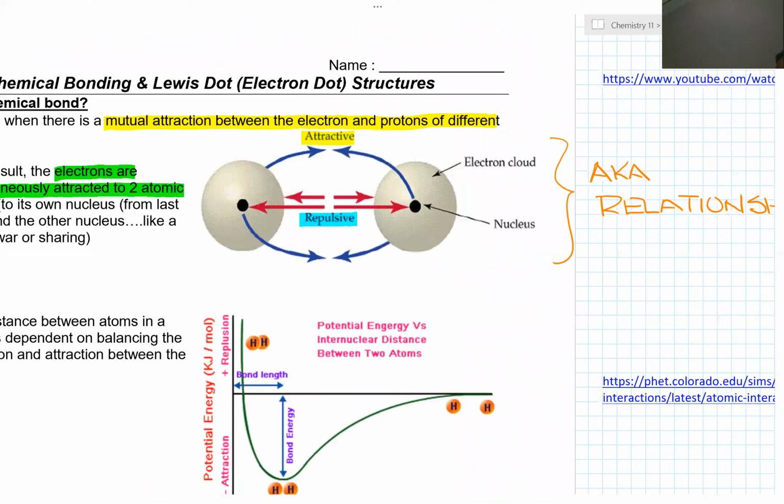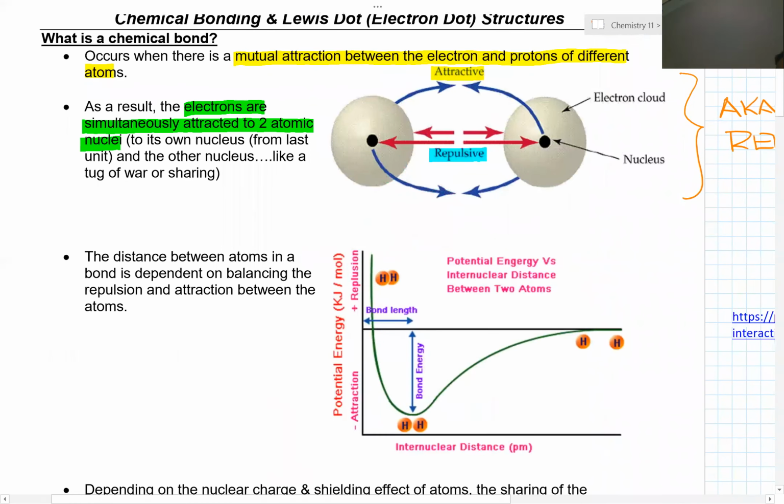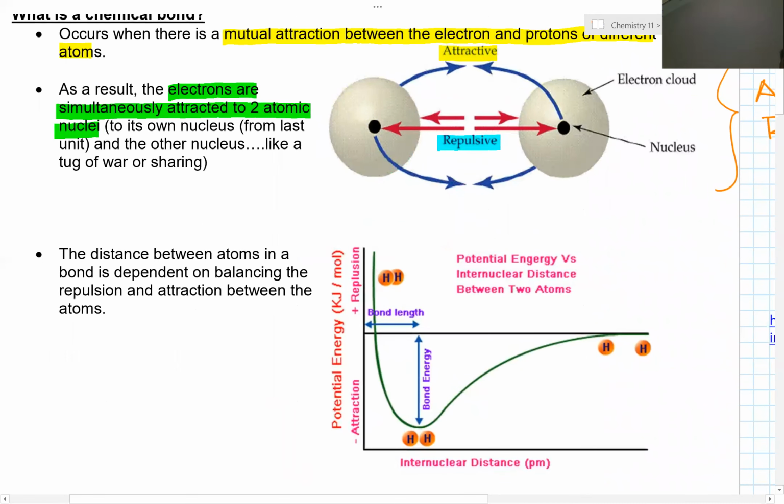With the attractive and repulsive forces, the atoms don't just come together. There needs to be a balancing act, and the distance between the atoms depends on the balance between the attraction and repulsion.